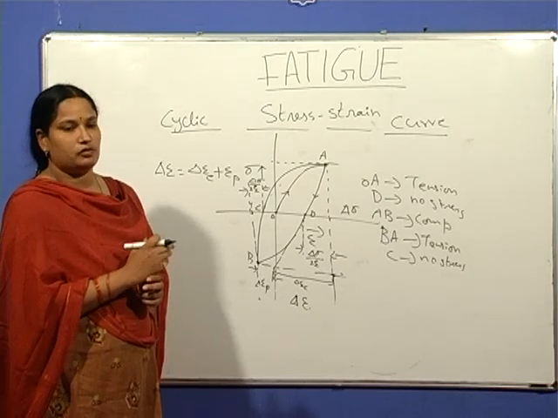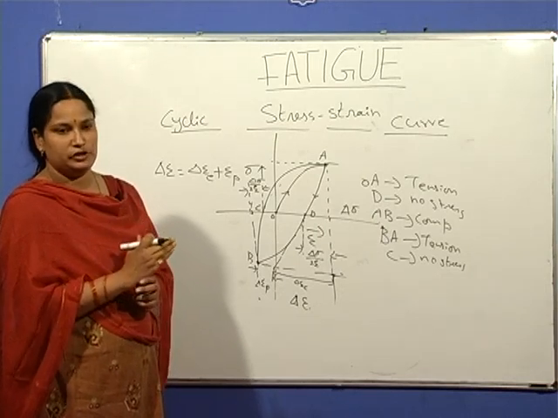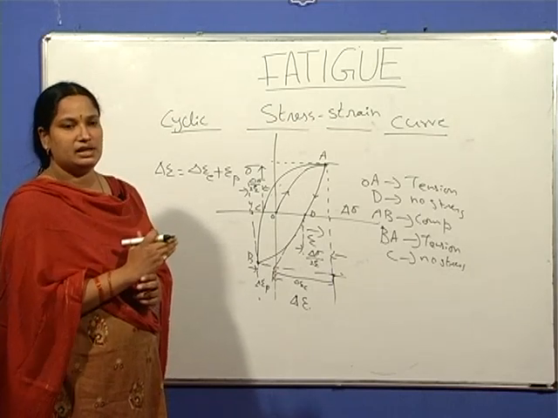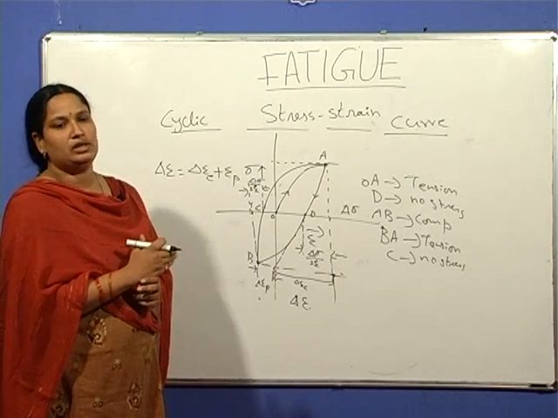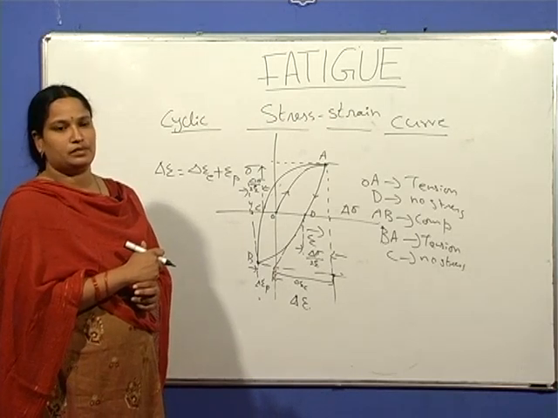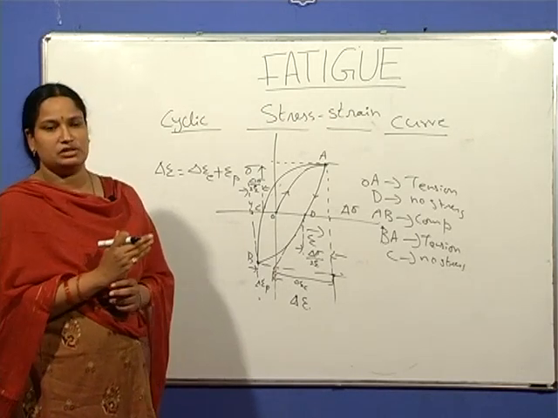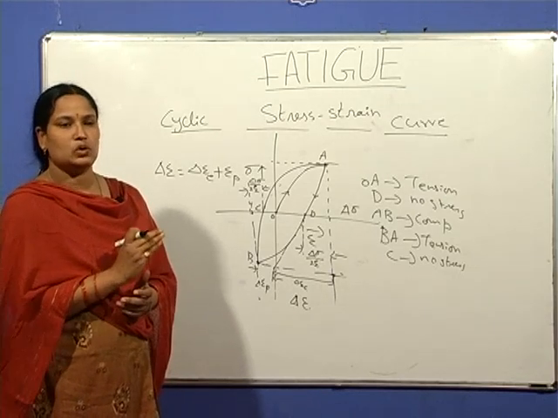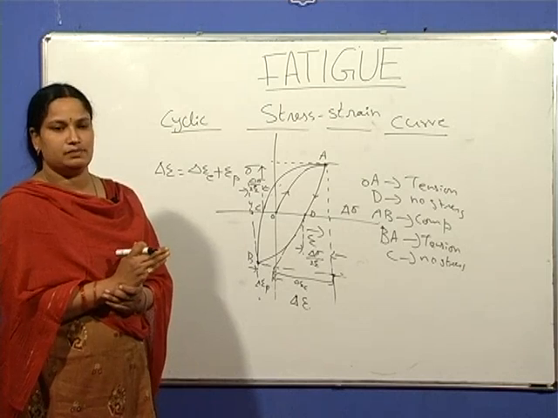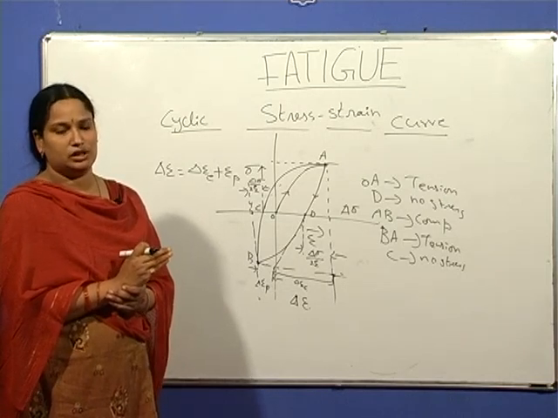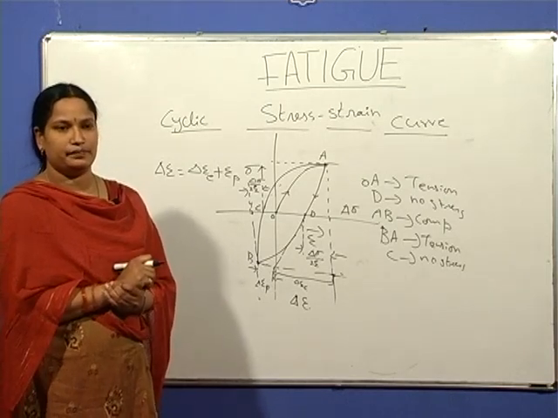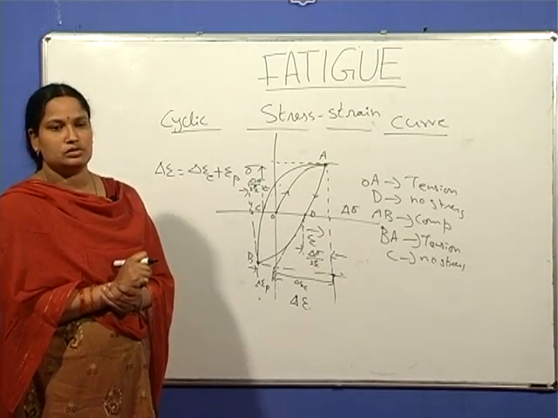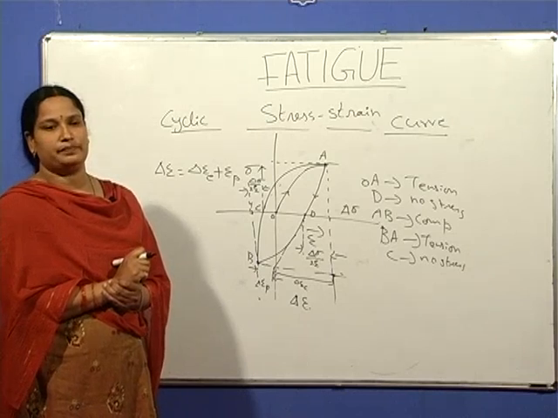In the case of constant strain amplitude, the behavior of a material depends upon the initial condition. If the initial condition of the material is cold worked and it is subjected to strain controlled cyclic loading, then the material will undergo cyclic softening.